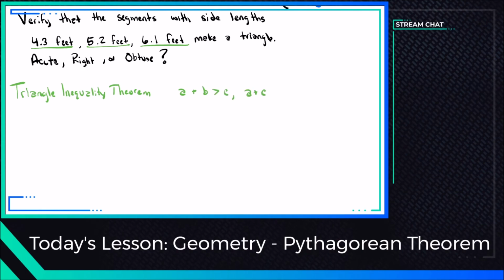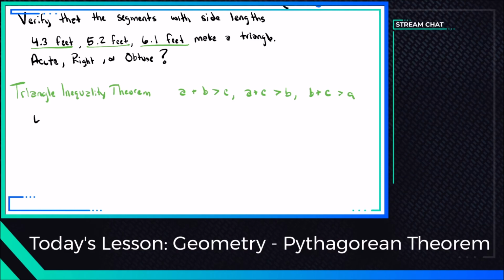A plus C has to be greater than B. And B plus C has to be greater than A. So two of the side lengths added together must be greater than the third side length. And so if we go through and verify that now with 4.3, 5.2, and 6.1, we need to verify that that is a triangle.